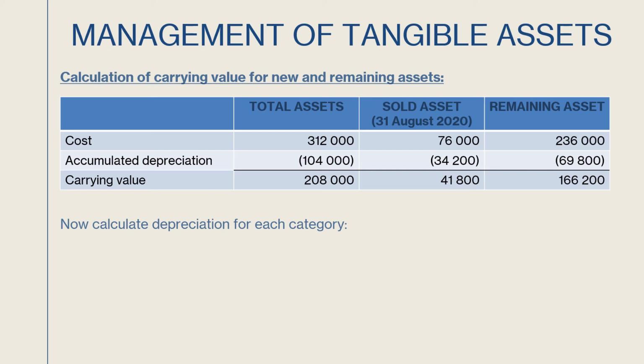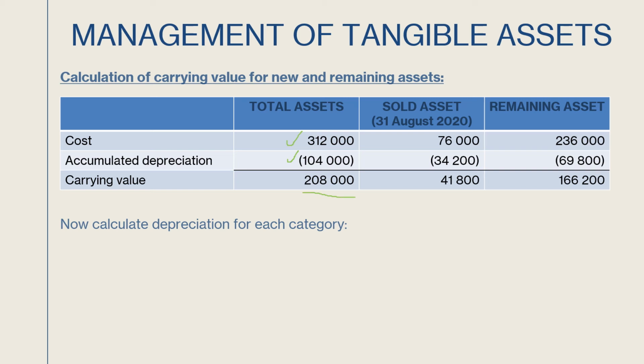These were the balances that they gave us at the beginning of the year. They told us the balance for vehicles was 312,000, and the accumulated depreciation was 104,000. So to calculate the carrying value at the beginning of the year, you take the 312,000 minus the 104,000, which gives us 208,000.